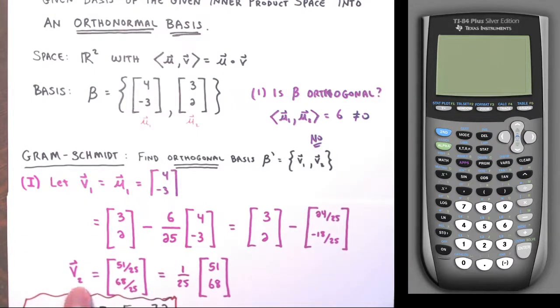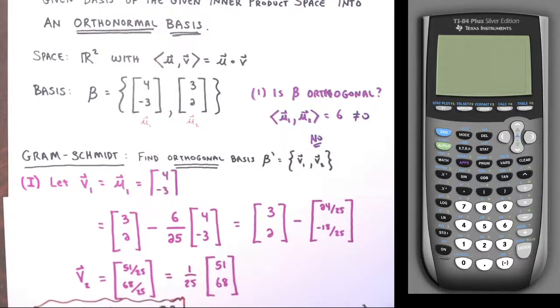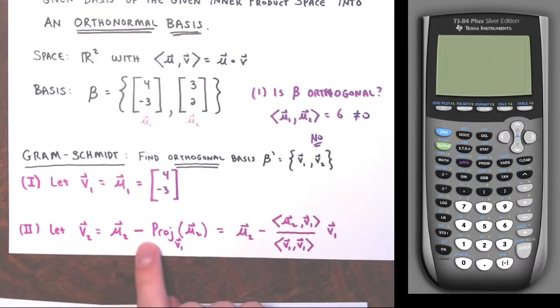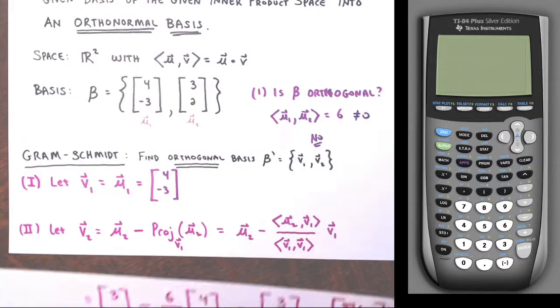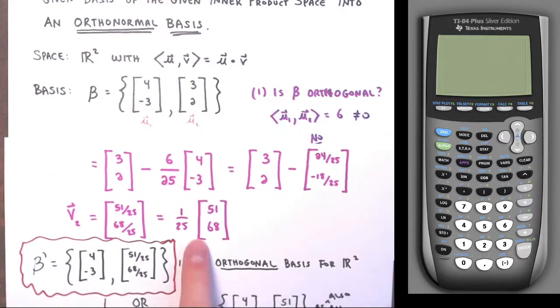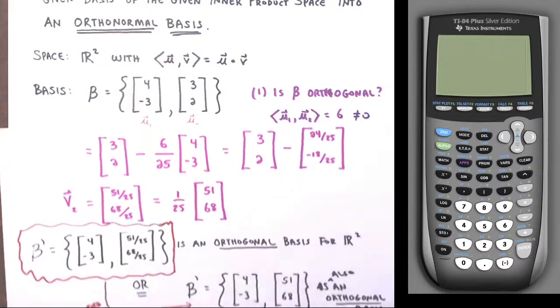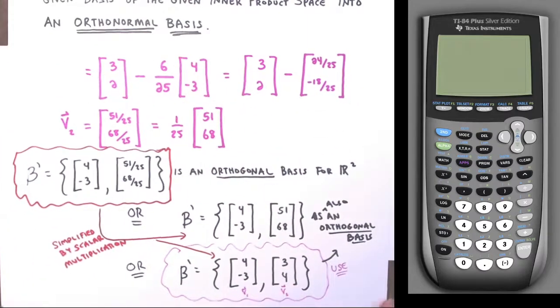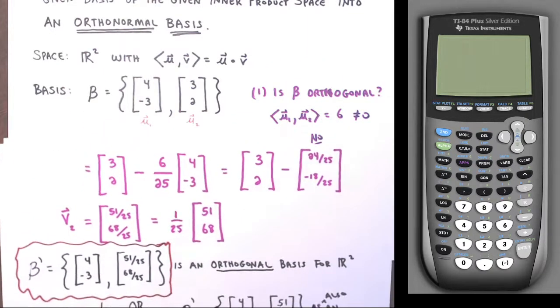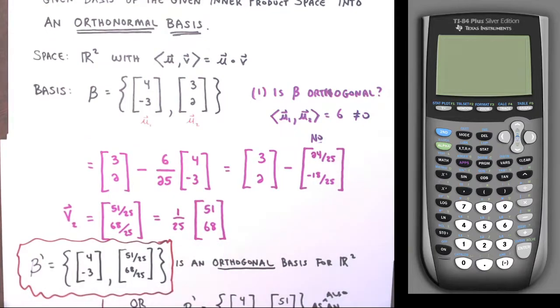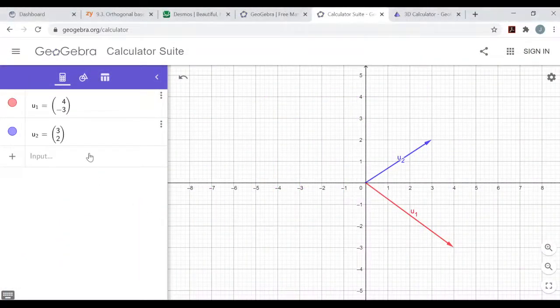And then V2, I have it here still, was U2 minus the projection of U2 onto V1, or this formula, which after finding it was this vector here, 1/25 times 5, 168. Which I simplified by multiplying by scalars to the vector 3, 4, but I'll stick to the one I got from the process. So let's go back, and I'll enter that vector.